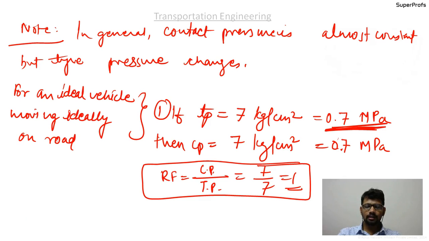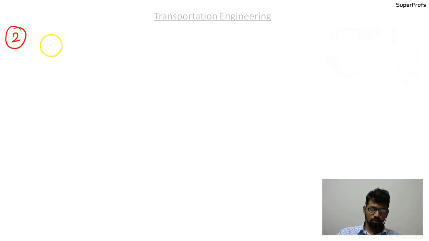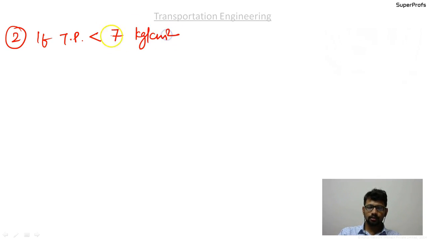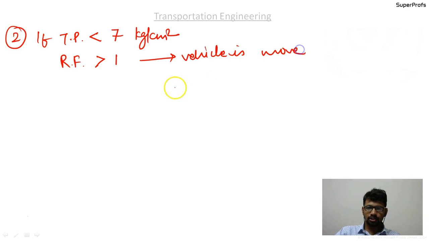In short, the rigidity factor is equal to 1, okay. So if tire pressure is less than 7 kg per centimeter square, then the rigidity factor is greater than 1, that is the vehicle is more rigid on road, okay.